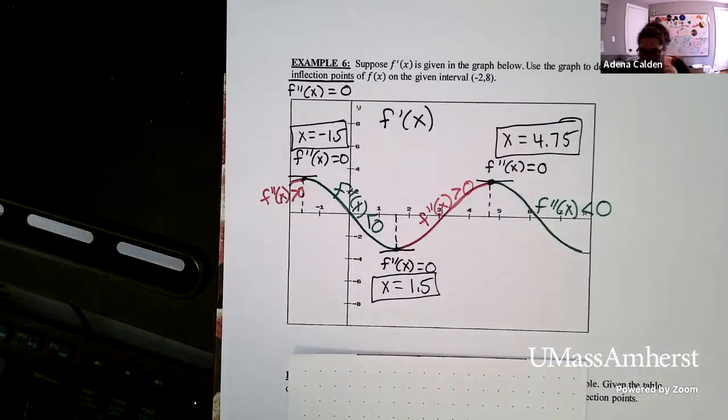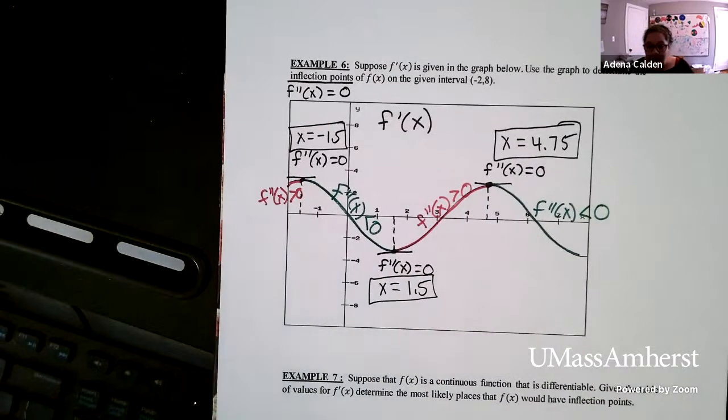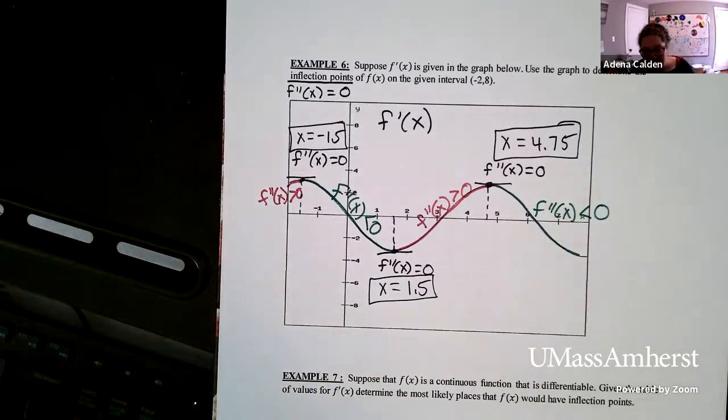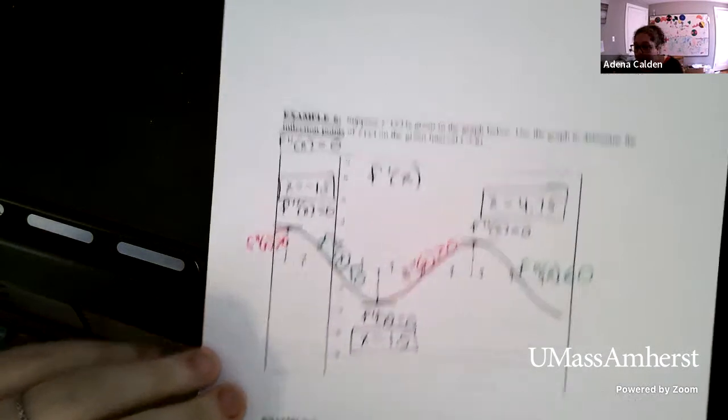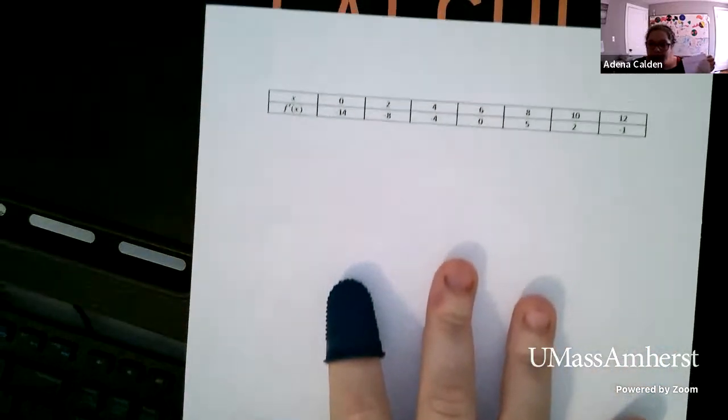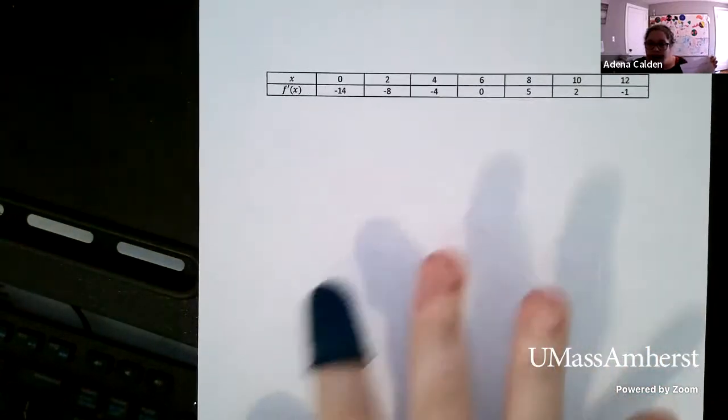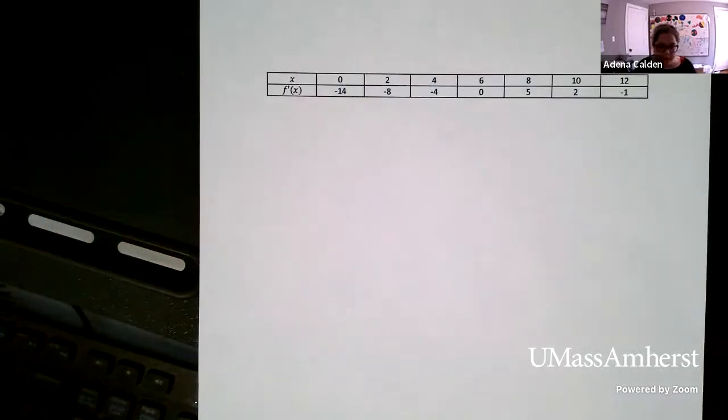As you can probably guess, the next problem will be to look at a table and to do something similar. So suppose that f of x is a continuous function that's differentiable. Given the table of values of the derivative, determine the most likely places that f of x would have an inflection point.